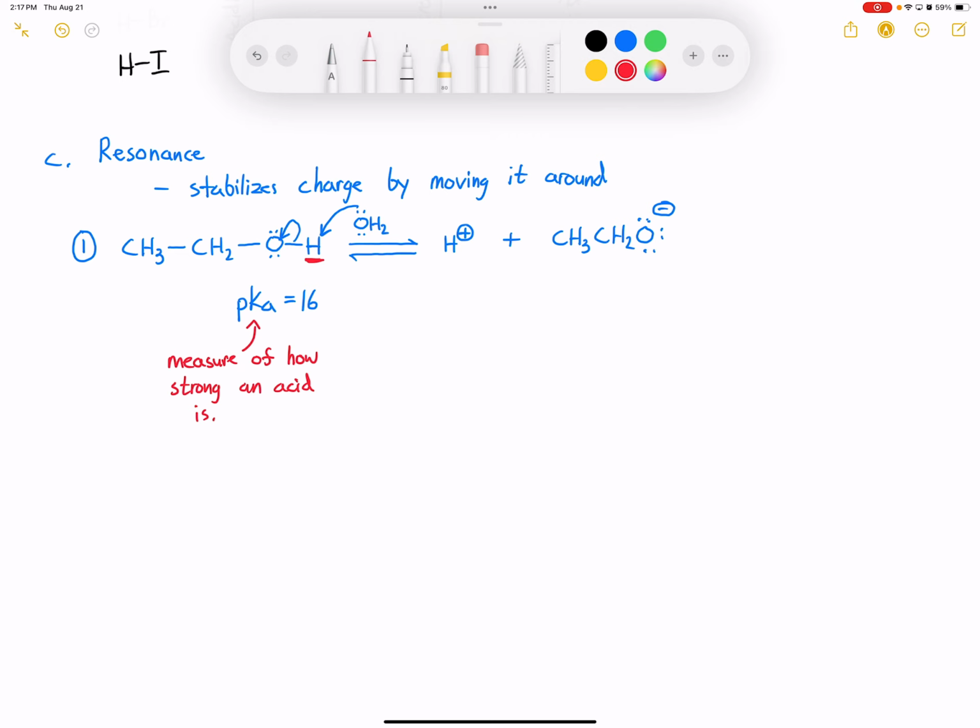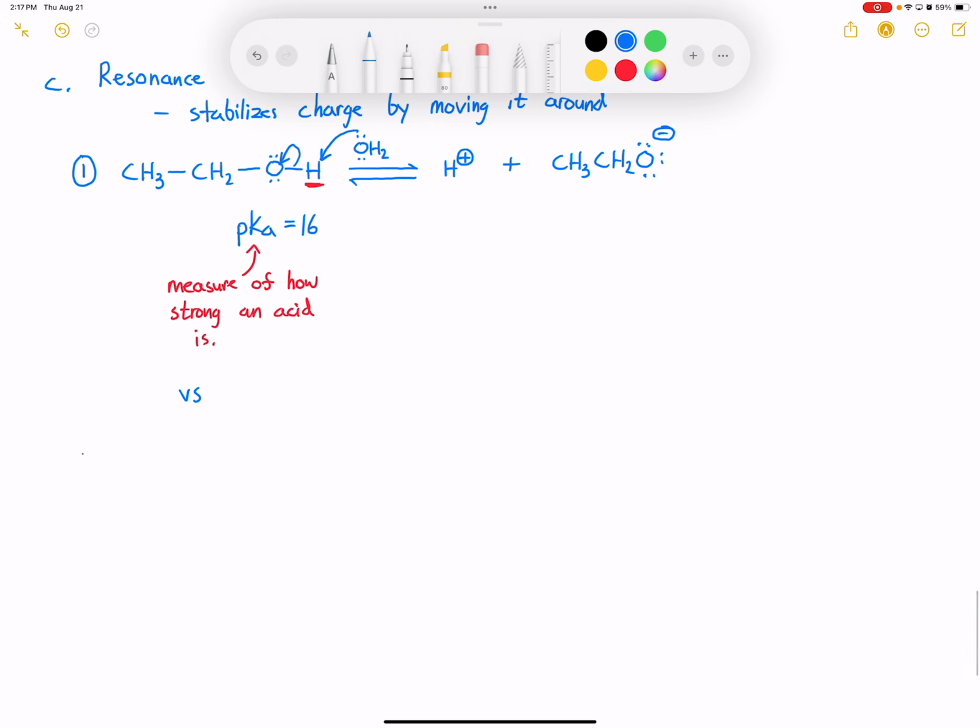Now let's compare with a carboxylic acid. Let's use the second example here. H3C.